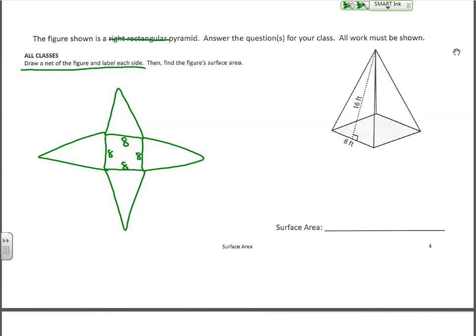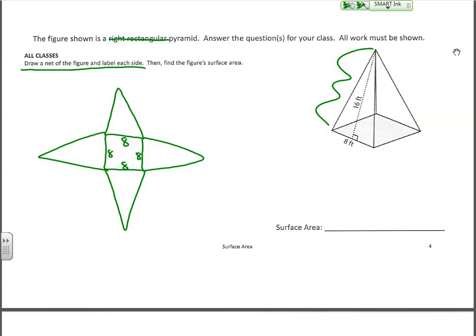And why is that 16 value a dotted line in the middle of that triangle? Why don't they just put it on the outside here if that's 16? Elise? Because it's the height of the triangle, so it goes on the side and then the height. Right. The diagonal side of that triangle is not 16.